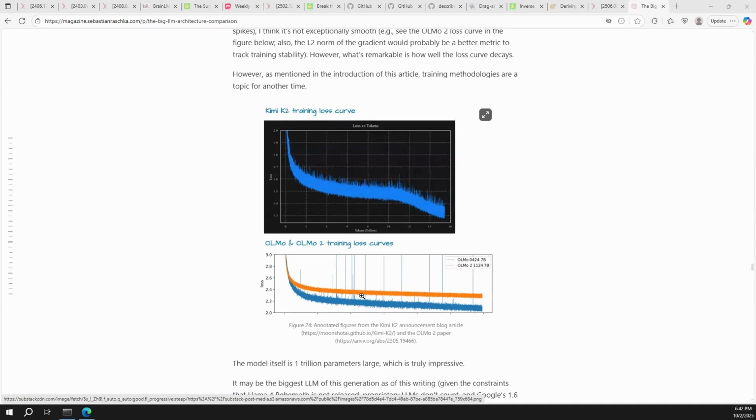I haven't really thought about it enough to know what he's comparing. If I remember right, though, this OLMo 2 model is the one that had the normalization layers both before and after each attention and feed forward layer. So maybe that's another way to reduce some of these big spikes. But even with only, I believe Kimi is post-norm, you can see they got rid of these spikes. So that's good.